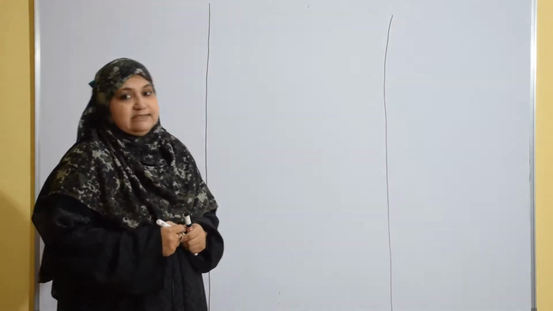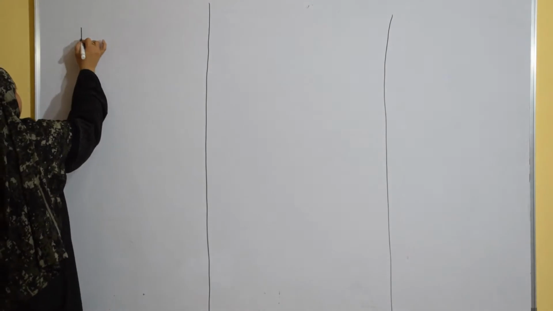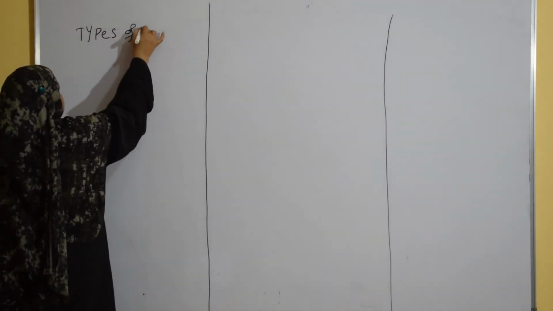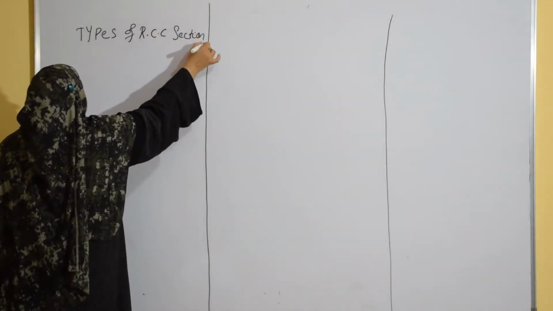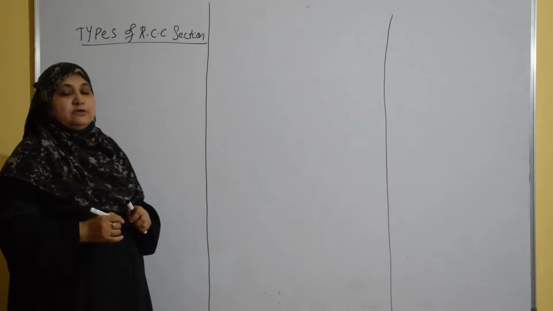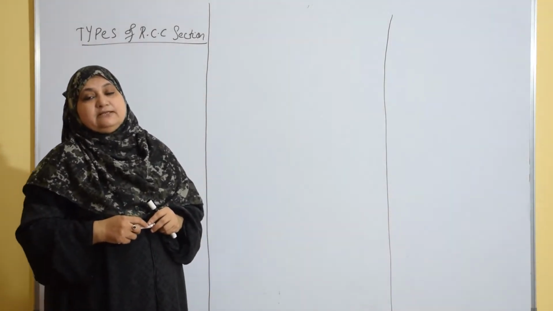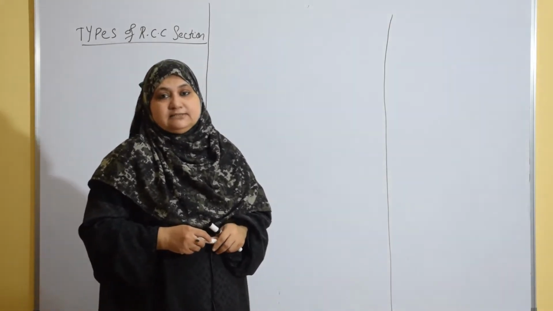So today I'll start with the types of RCC sections. See, I'm not saying types of RCC beams, I'm saying types of RCC section. Okay, based on the amount of steel reinforcement or percentage of steel in the section, we have three types of RCC sections.